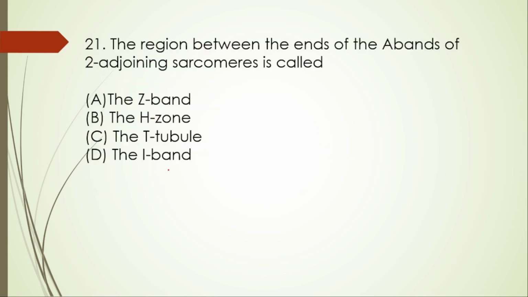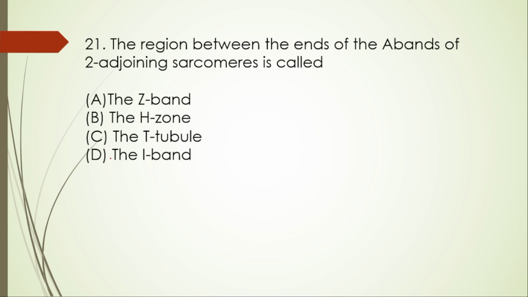Next question, that is question number 21. The region between the ends of A bands of two adjoining sarcomeres is A. Z band, B. H band, H zone, C. T tubules, D. I band.